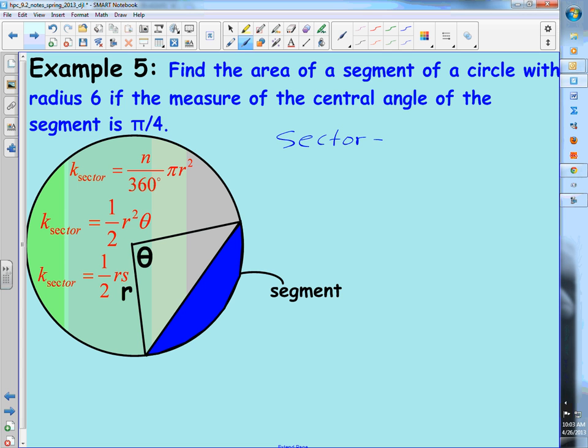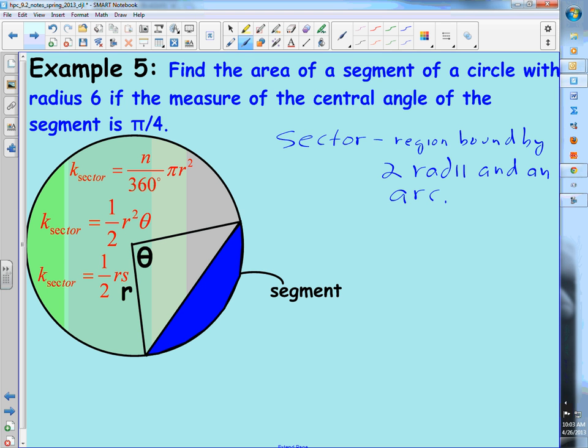A sector is a region bound by 2 radii and an arc. It's a piece of pizza. It's a piece of pie.